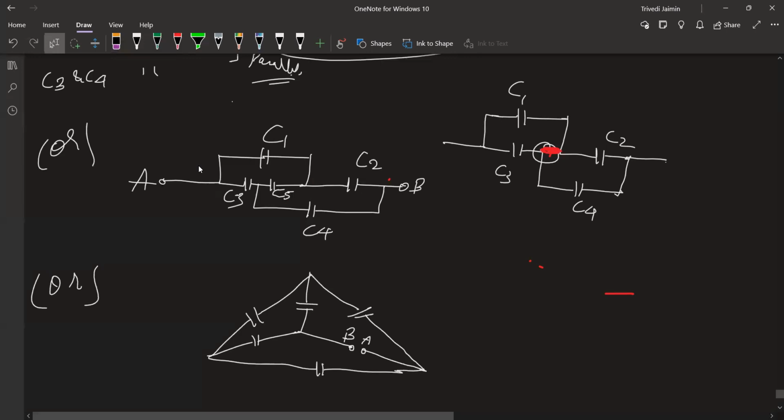This is also a Wheatstone bridge. Try expanding and check, is it coming as a Wheatstone bridge or not, and tell me.